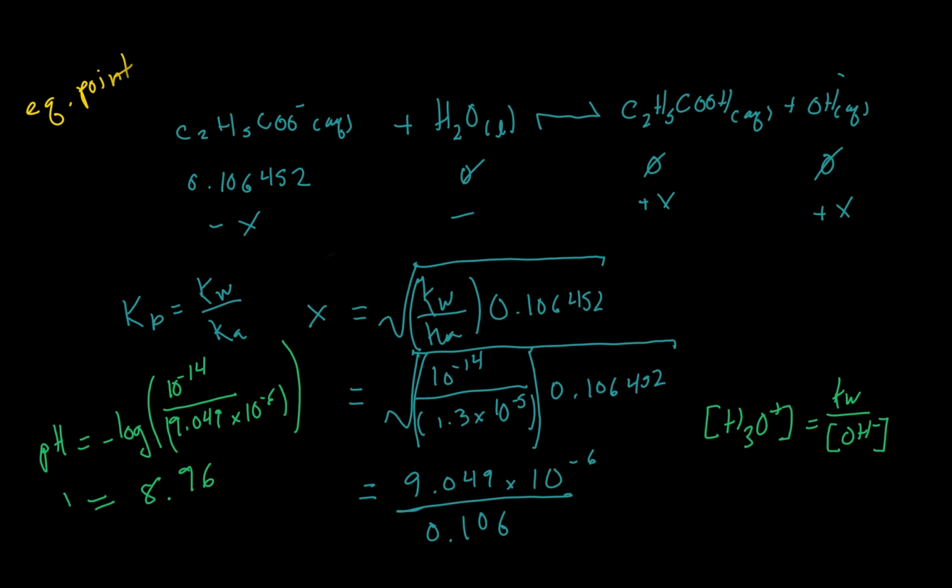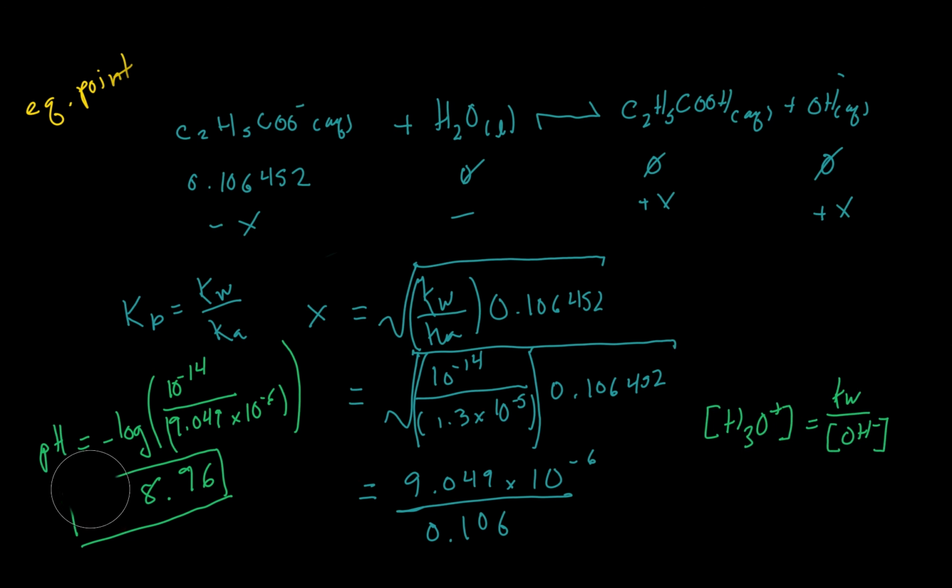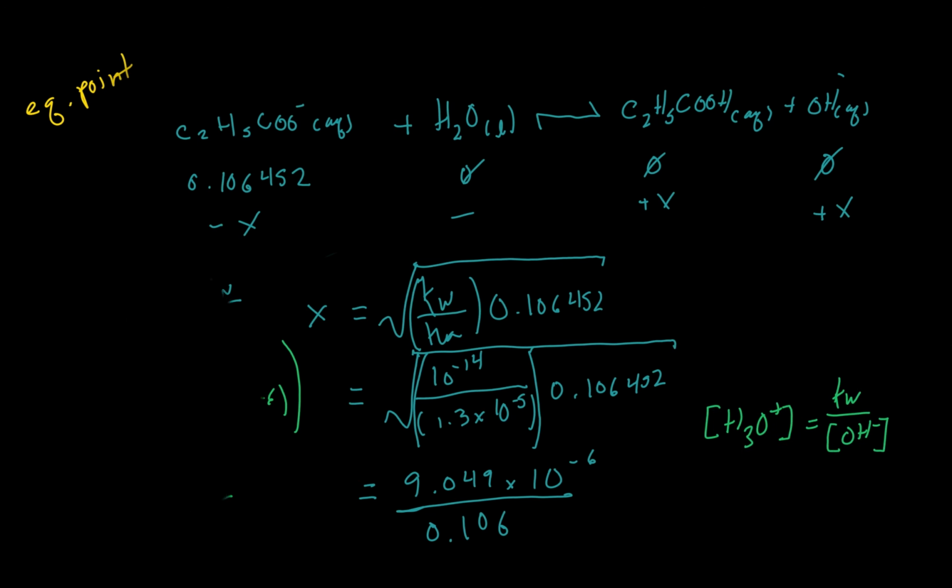All right, and that's our pH at the equivalence point. Right, we have a weak acid being titrated with a strong base, so we're not surprised that the pH is north of 7. Okay, let's make some more room here and take on the next one.